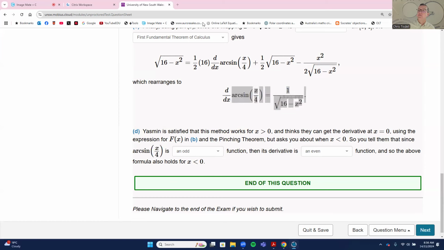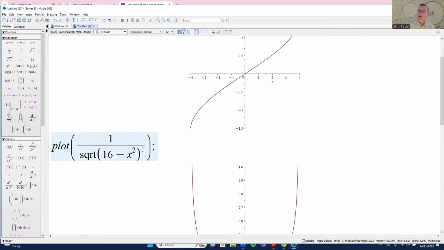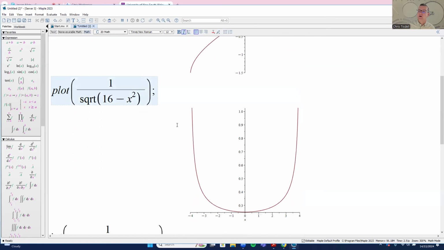So if I bring my Maple screen in, here is a plot of sine inverse or arcsine. You can see it's odd. And then here is the plot of this. Now you can see this is the derivative. You can see the derivative has an even relationship, right?